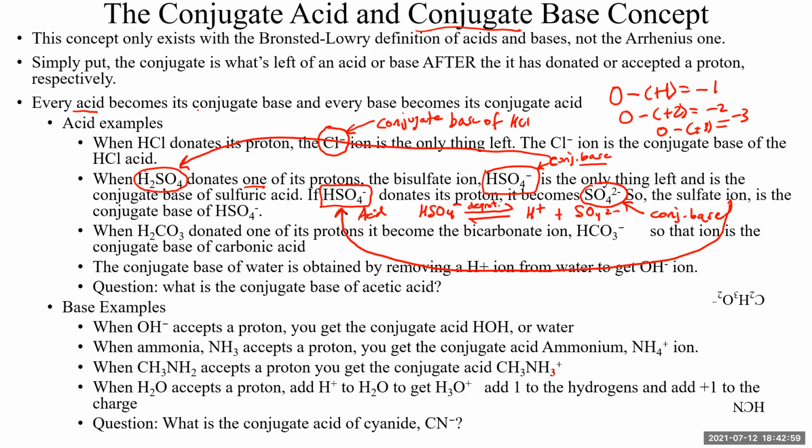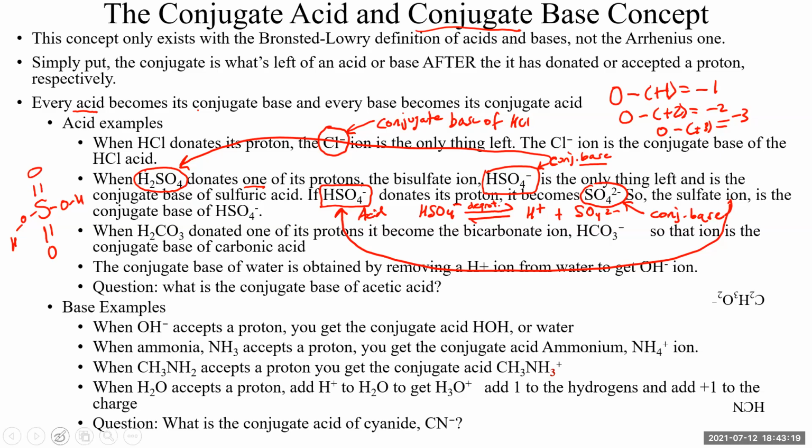Sulfuric acid is an acid. If somehow, and you're not really likely to do this, you could shove another proton onto sulfuric acid, which I don't believe you ever can, it would be very unstable. You would have to have a super strong acid to do this.